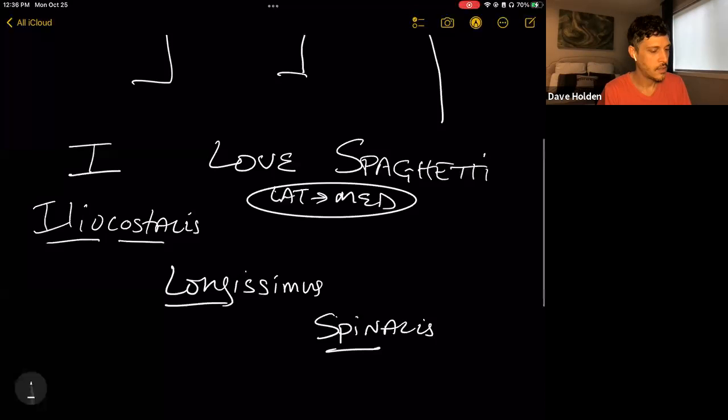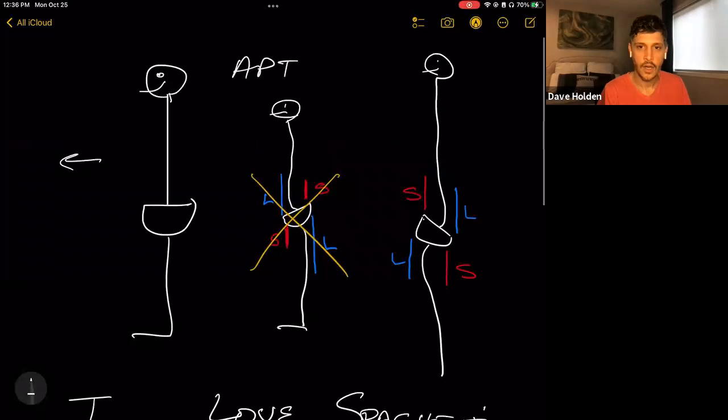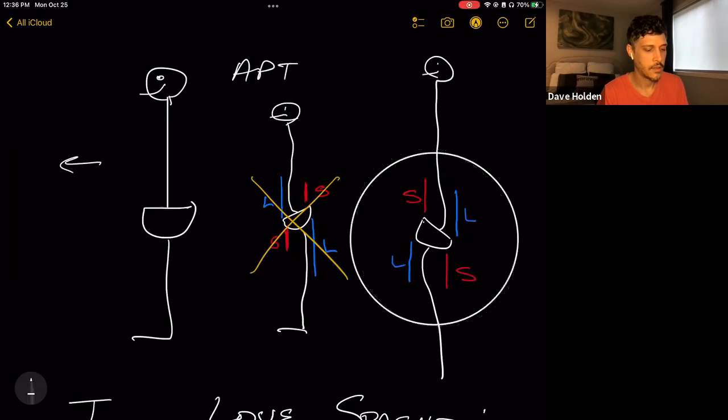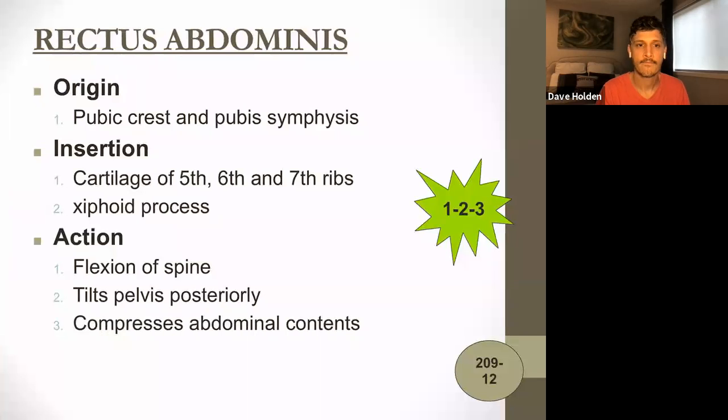Remember, we just drew our little guy here. They are shortened during posterior pelvic tilts. And it also compresses the abdominal contents, because when these guys contract, it just squeezes in on the belt. You guys know how sucking it in works. I ain't got to explain it to you.